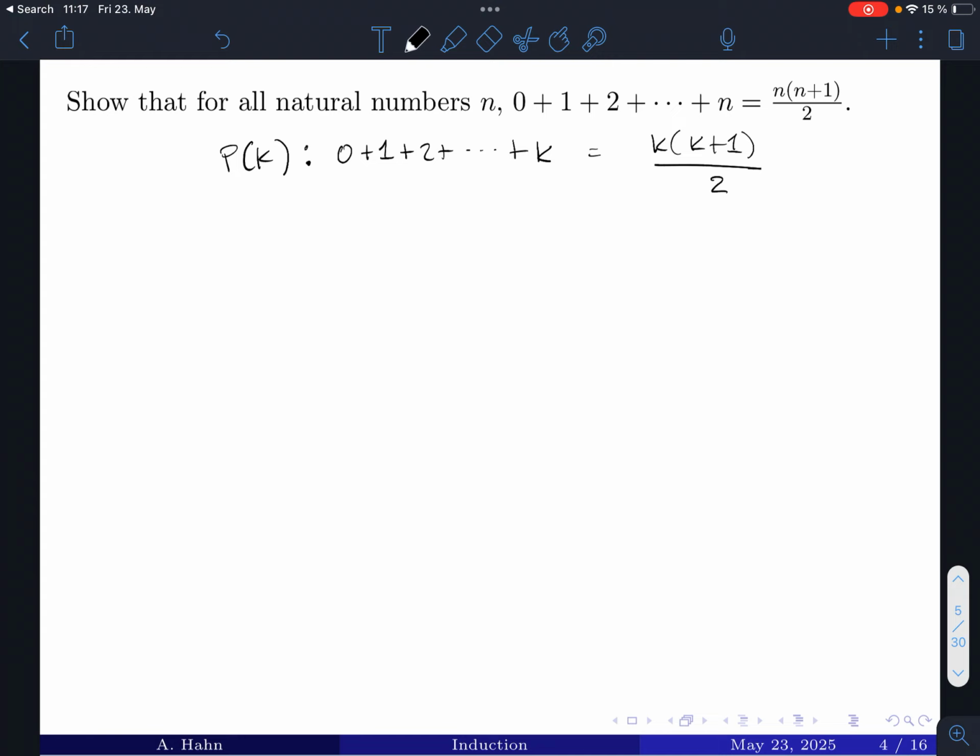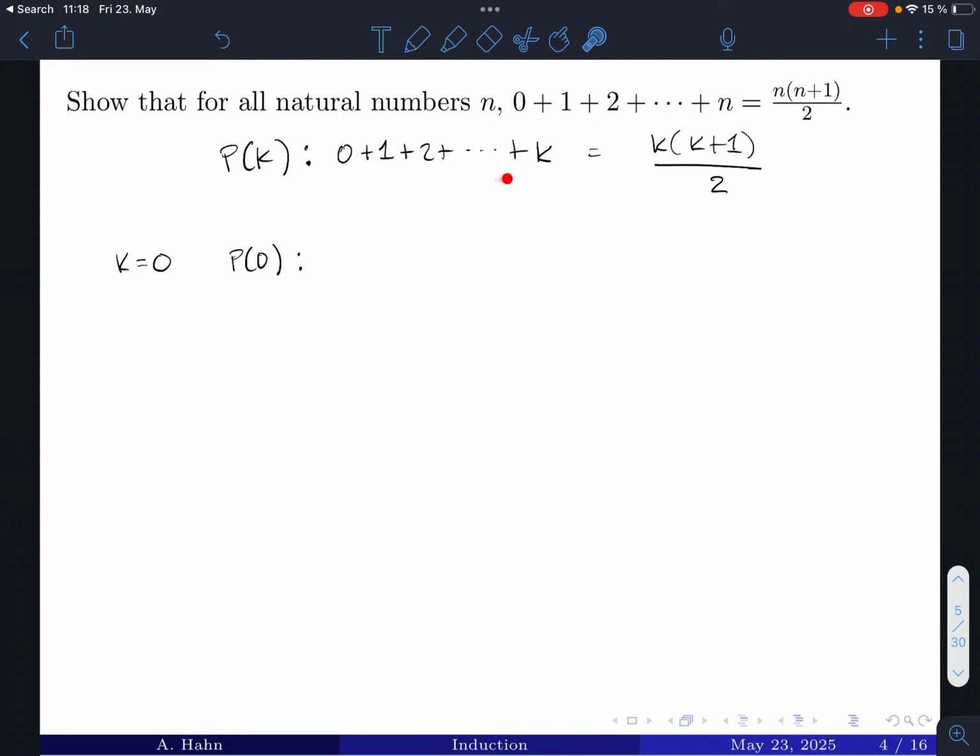So let's talk about doing this on a specific example. If we do k is equal to 0, for example, then P of 0 is the claim that when we add 0 plus 1 plus dot dot dot all the way up through k, so when we add the first integers all the way through 0, we get back 0 times 0 plus 1 divided by 2.